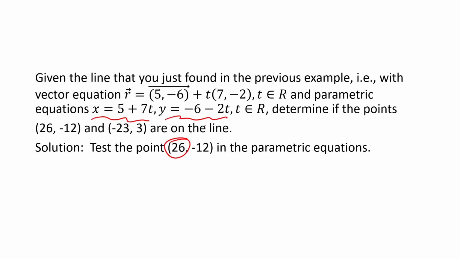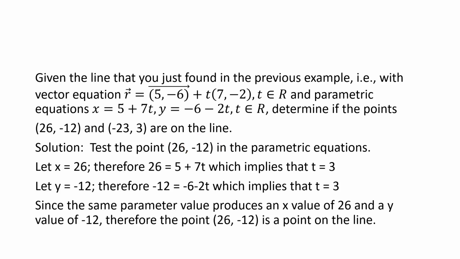And if we're saying y is negative 6 minus 2t, then we're saying negative 12 is negative 6 minus 2t. So if we let 26 equal 5 plus 7t, like we just said, t equals 3. If we let negative 12 equal negative 6 minus 2t, then t is positive 3. And since the same parameter value produces an x value of 26 and a y value of negative 12, therefore the point 26, negative 12 is a point on that line.